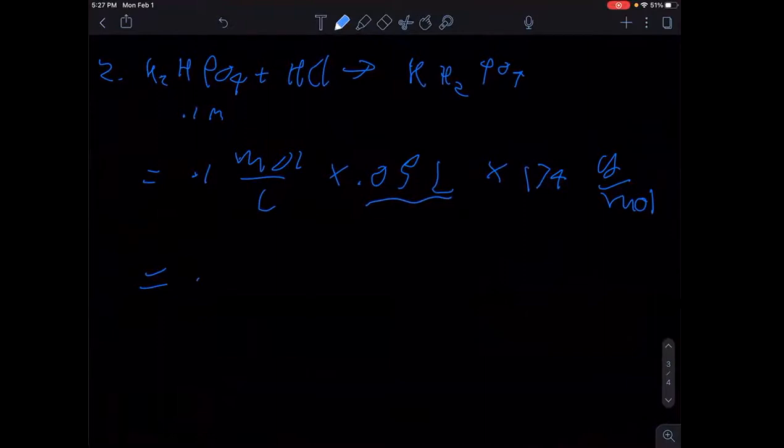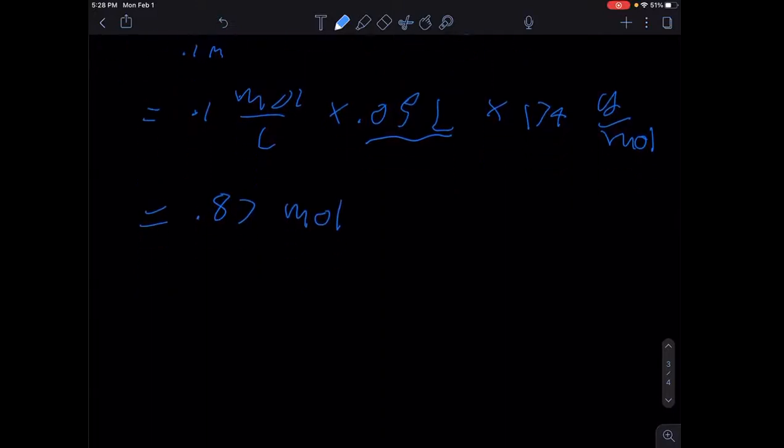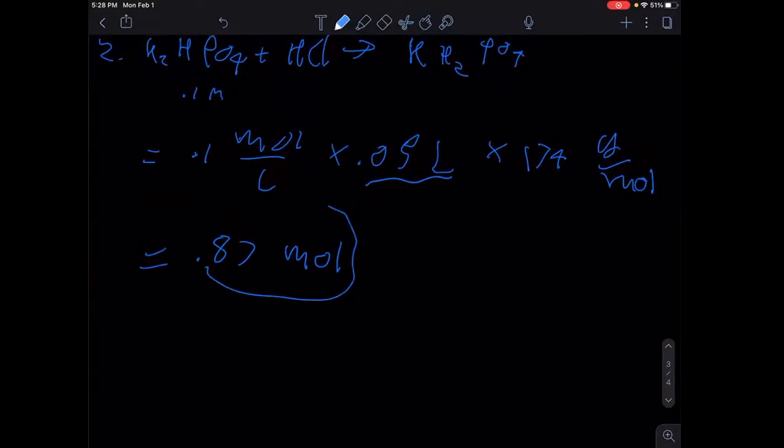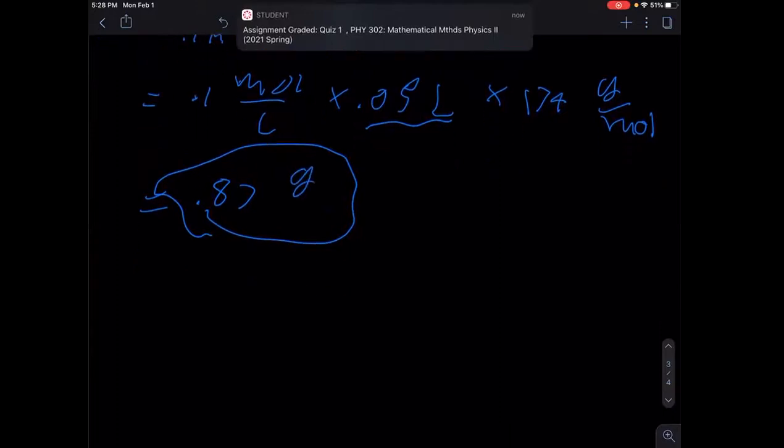Maybe not divided by 5, so it's like 0.87. Am I completely off? That's correct. So that's the first thing we need to know. Sorry, not mole, that's grams. Yeah, so that's grams.